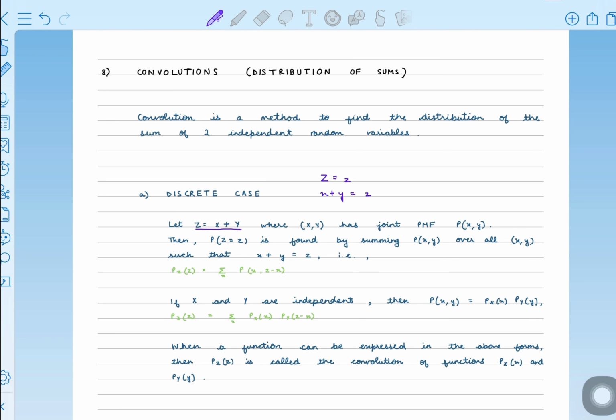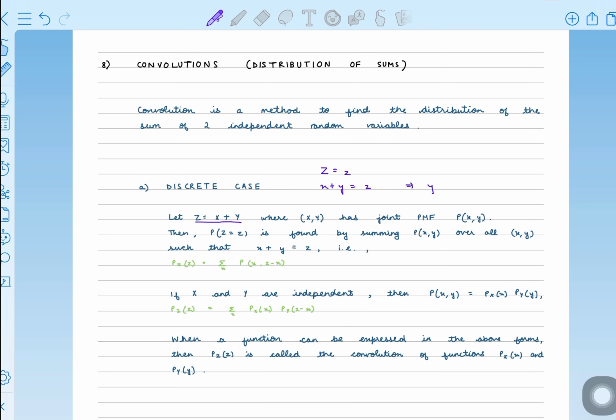Now if we choose the value x, then y is automatically fixed as z minus x. Therefore, instead of summing over both x and y, we only sum over all possible values of x, and for each x use the corresponding value of y. This gives us the PMF of z as follows.